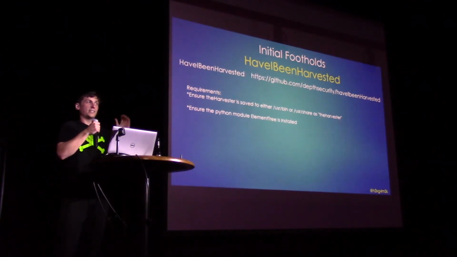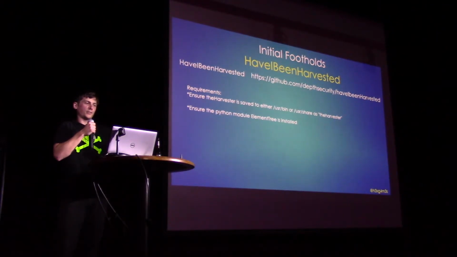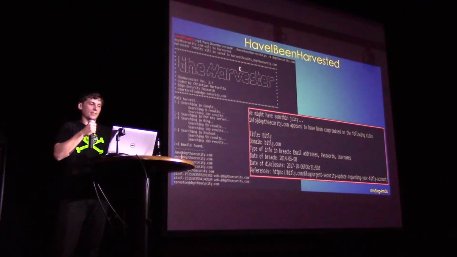So I'll type in company.com and this will query all of the harvester stuff for email addresses and then take those email addresses and submit them to Have I Been Pwned to get the results. Running this even on our own company, info@Depth Security, which is one of the ones listed on ours, was popped in some bit.ly email breach. And Have I Been Pwned will tell you the name of the breach, what was released, the date of the disclosure, and any references.